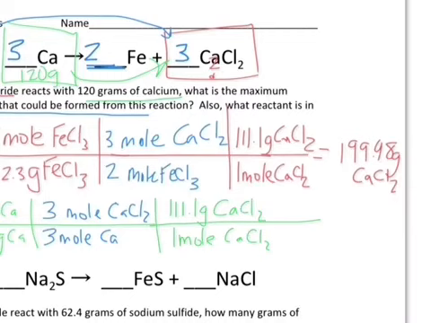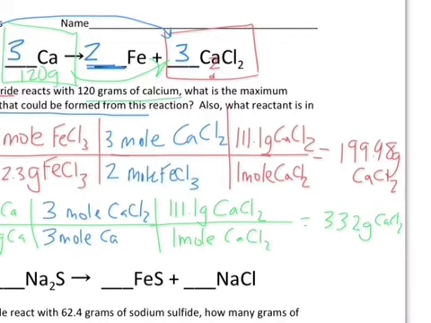Punch that into our calculator. There's a little bit of space here. And that equals, multiply the top, divide by the bottom, 332 grams of CaCl2.